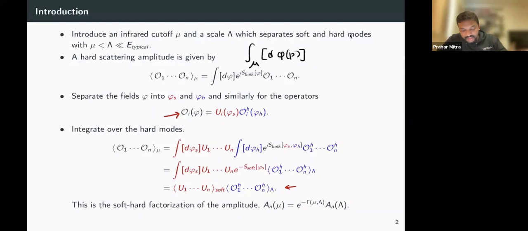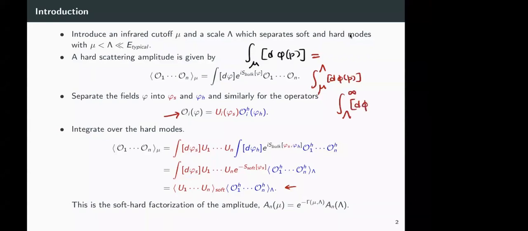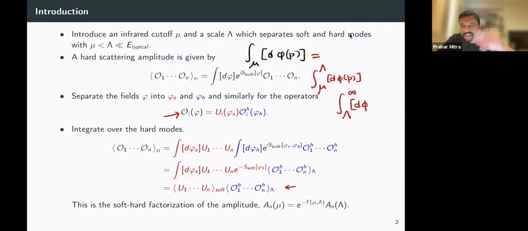Now we can simply define this measure as being equal to the integration from mu to lambda, d phi_p, and then from lambda, again, all the way up to infinity. Maybe you even need a UV cutoff, but I'm not caring about UV cutoffs. Let's assume the theory has been renormalized already. This thing is what's being called d phi_h, and then this thing is d phi_s.